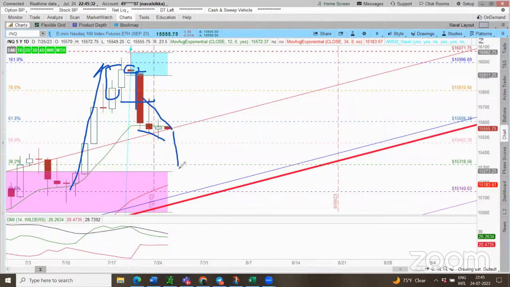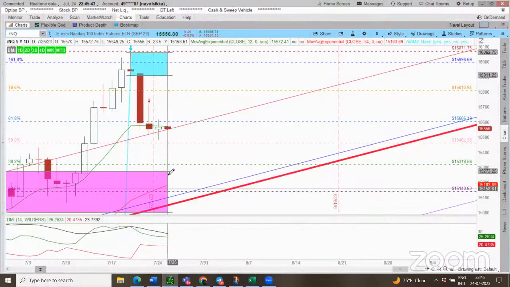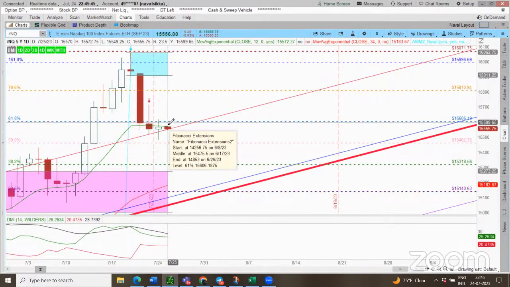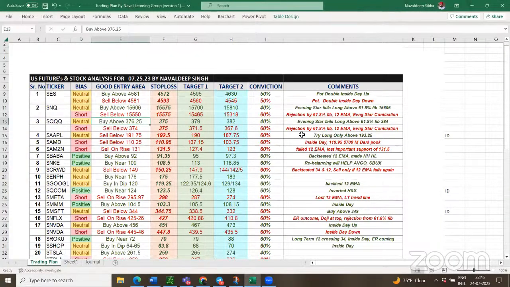If we lose it, we'll end up right here. So I'm going to change this: rejection from the 12 EMA, rejection from 61, both. Evening star continuation. Cancel it. It's a wedge.